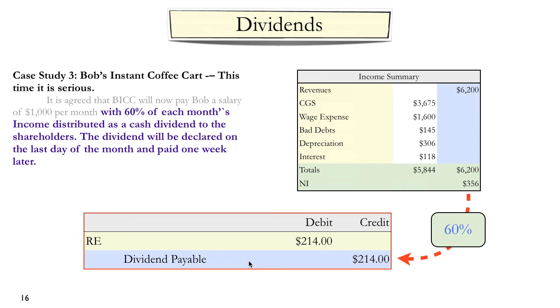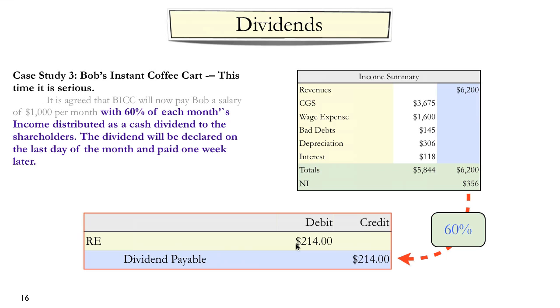Since the payment is not yet made at the end of the period, but made in the following period, rather than crediting cash, we have a credit to dividends payable. So we take the income for the period, $356, multiply it by 60%, then that's the amount of the dividends payable. And remember, dividends payable is a liability.